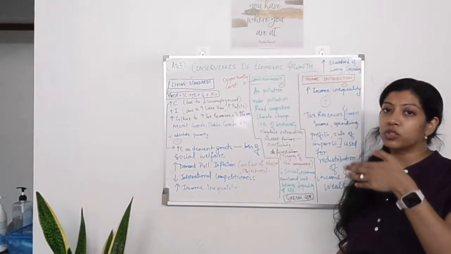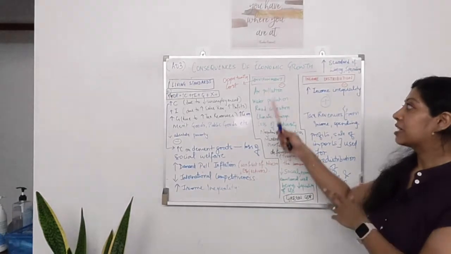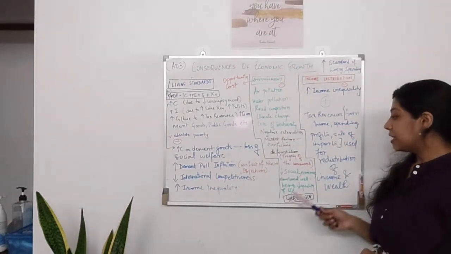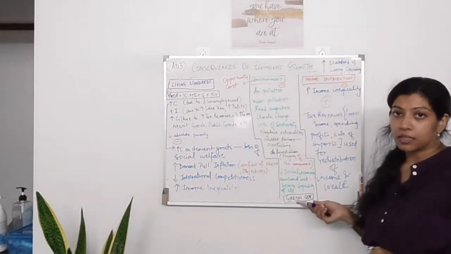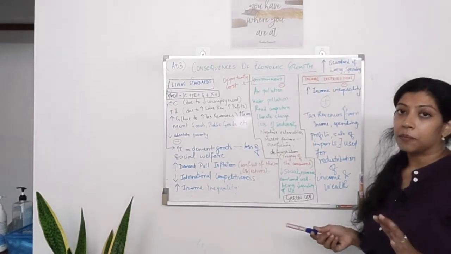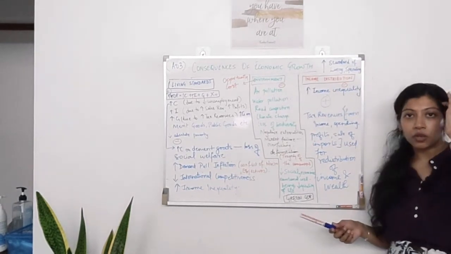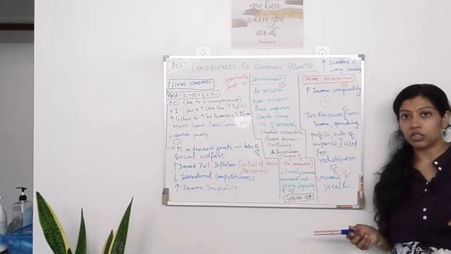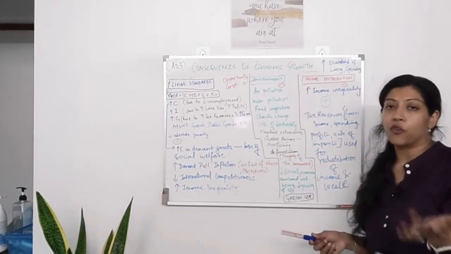Economic growth which isn't sustainable will definitely harm the environment. This is why we have the concept of green GDP, and we look at that in another video: what is green GDP, definition, formula, etc.